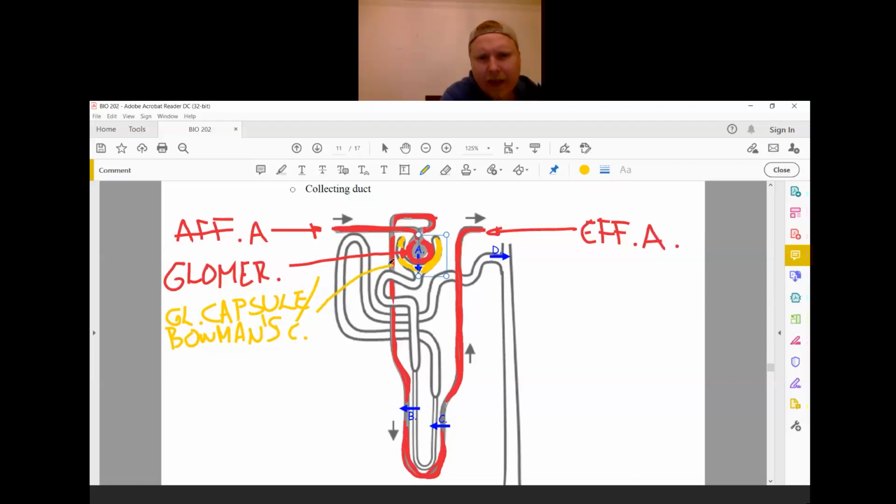Then we have our proximal convoluted tubule. That's the part that's closer to the glomerular capsule of the two convoluted tubules. And then we have, of course, our distal convoluted tubule as well.